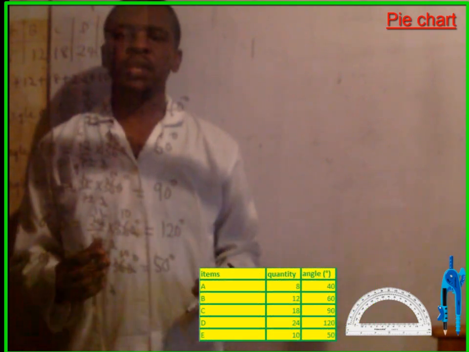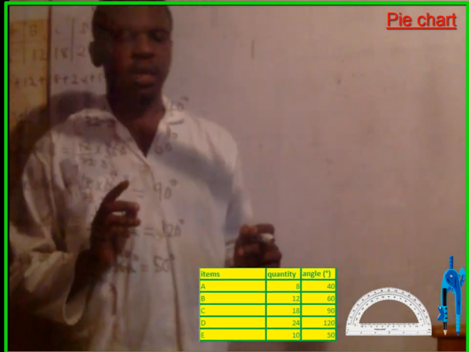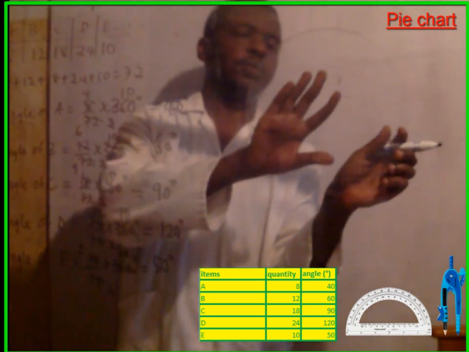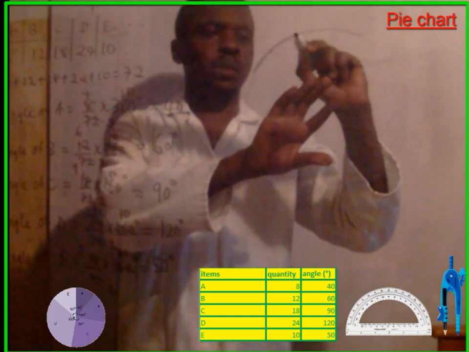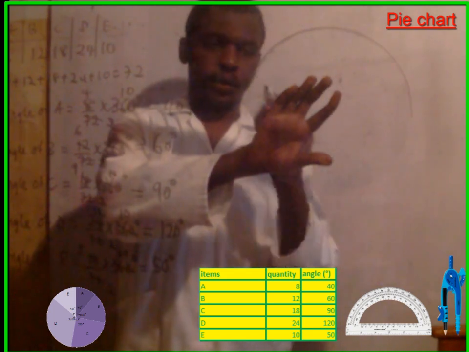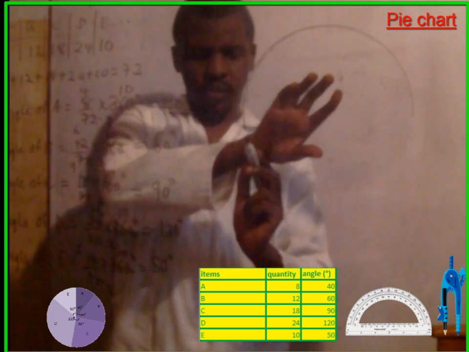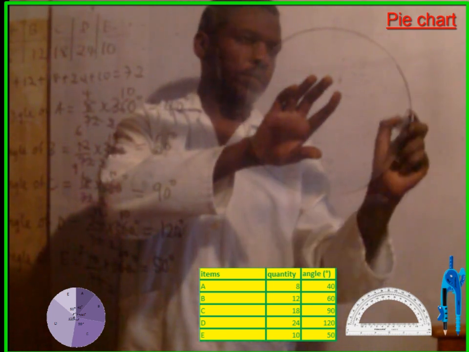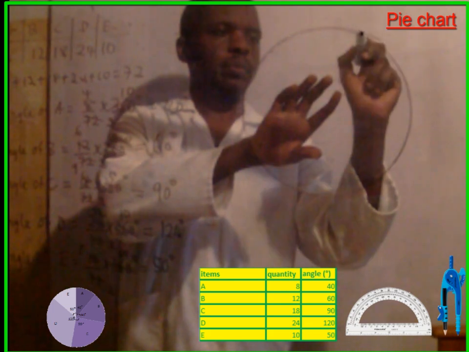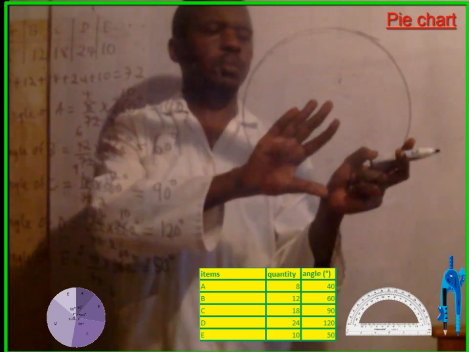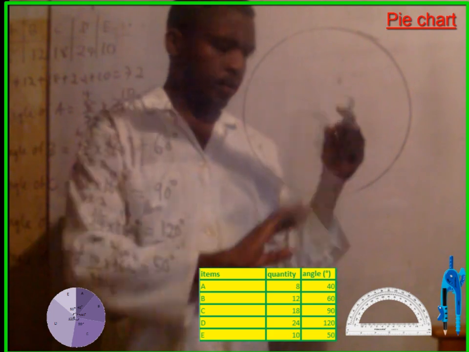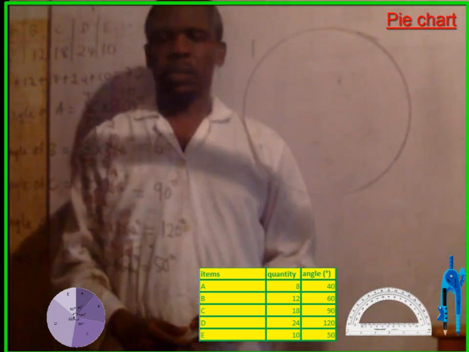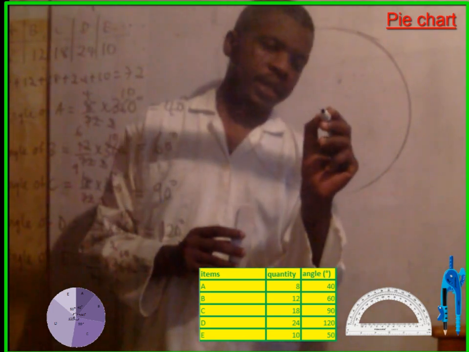Now I represent this information on a pie chart. I start by drawing a very large circle. I identify the starting line.